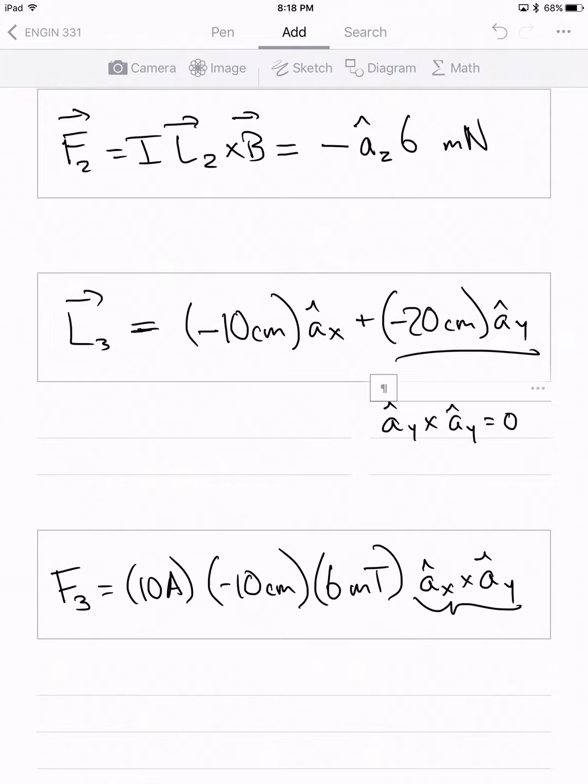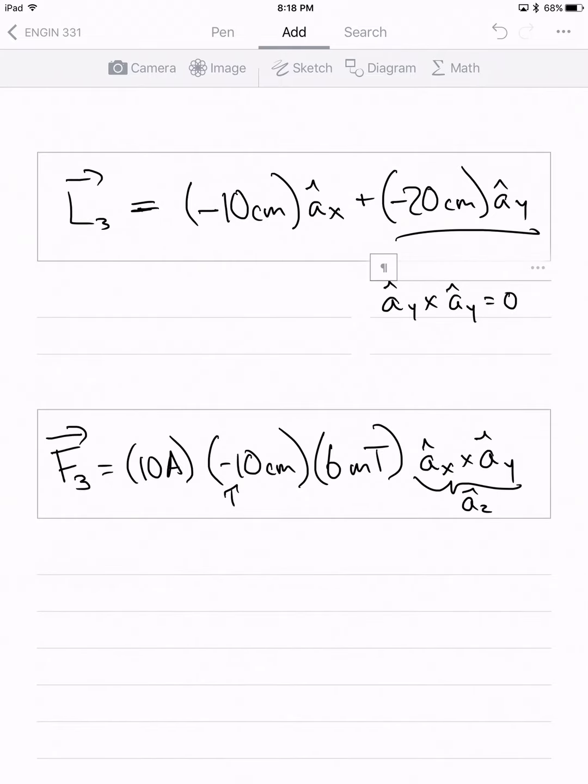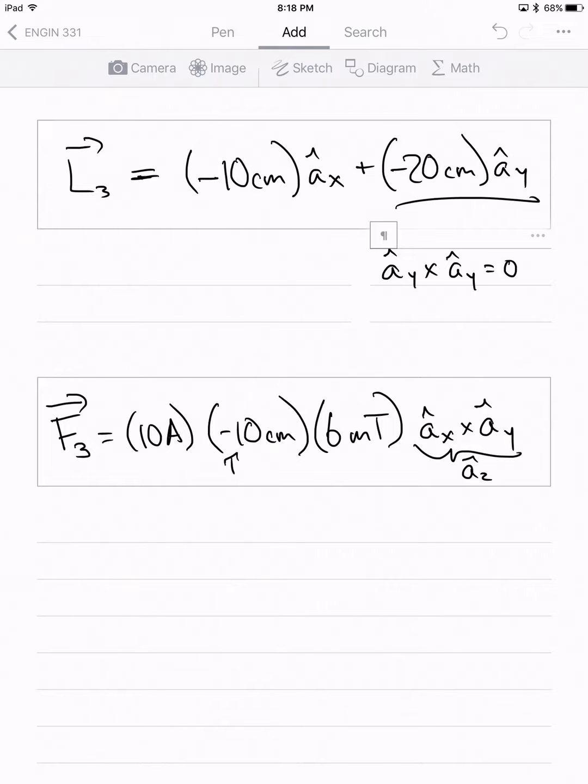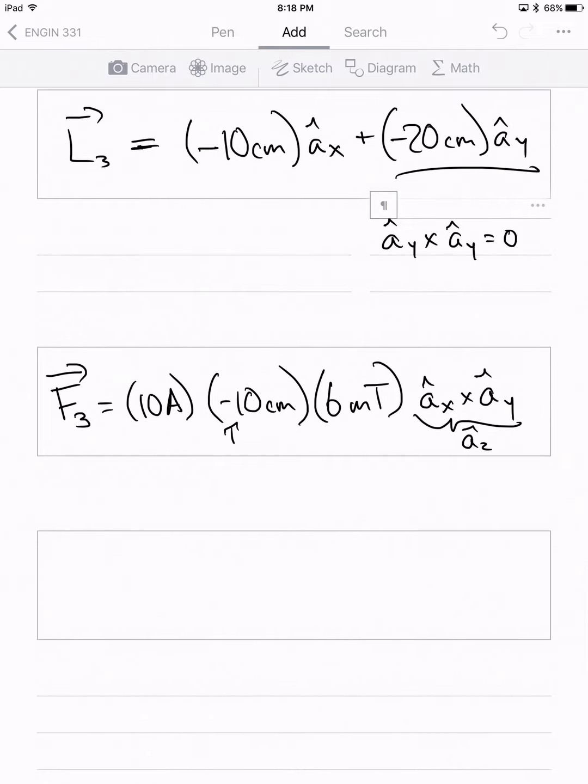And that just gives us a z direction, and we get the minus sign from the minus 10 centimeters. So, looking at this, we find that F3 has the same magnitude and direction as F2. It's minus a hat z 6 millinewtons.